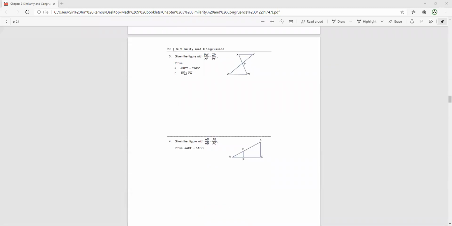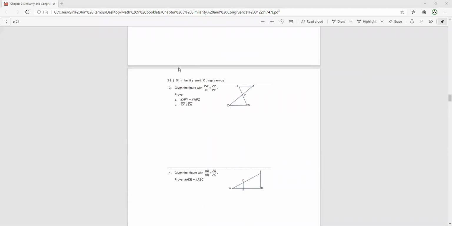Let's have the next number. We are again given proportional sides. PW is to XP equals ZP is to PY. So let's have that drawn.